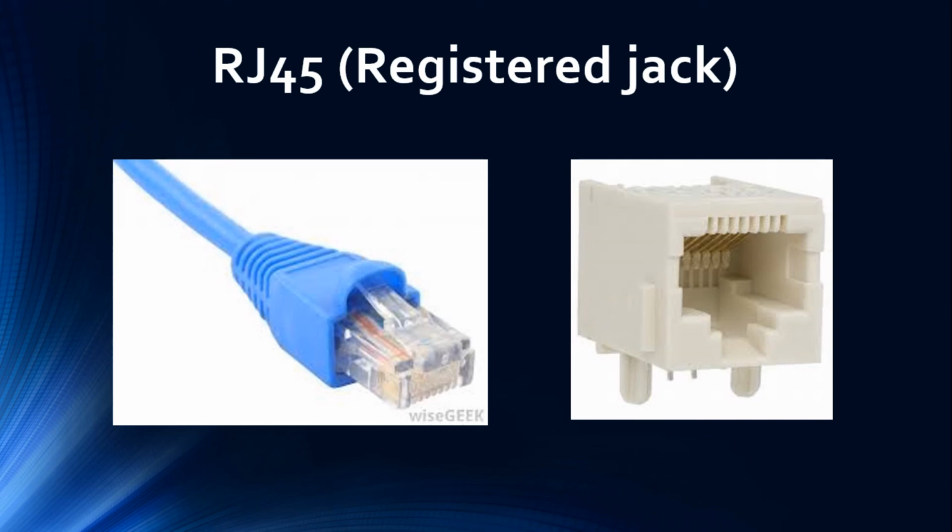Once it's plugged in correctly, you get the light blinking, telling you that the internet connection is functional. It comes in several colors: milk, white, blue, pink. Like we have here, this is the blue type. So this is called your RJ45, also known as your registered jack.